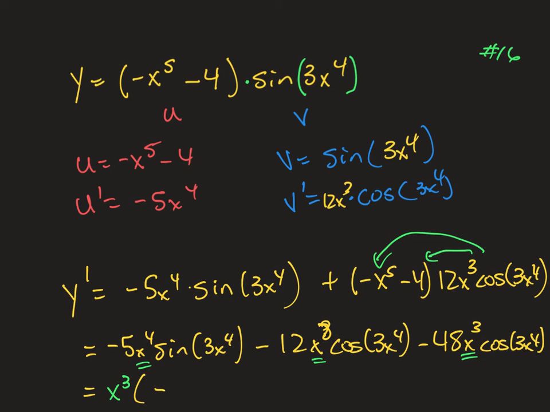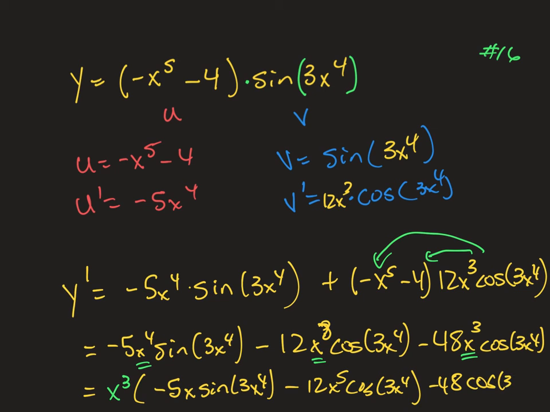But that gives us a negative 5x sine of 3x to the fourth minus 12x to the fifth cosine 3x to the fourth. And then the last thing here is a minus 48 cosine 3x to the fourth, sorry. And that happens to be, on that particular problem, choice A.